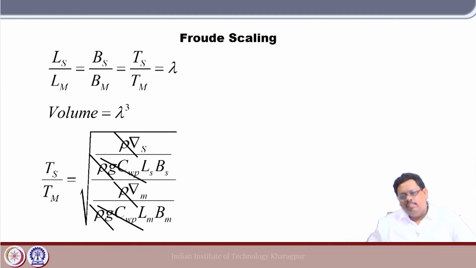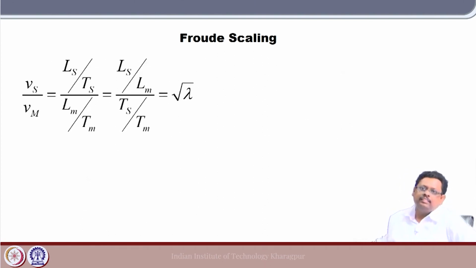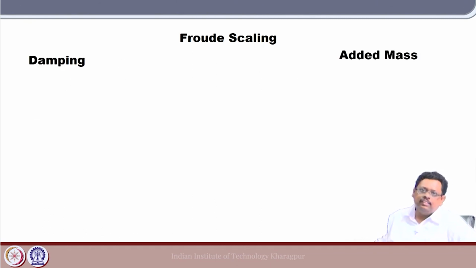So, if all the data is given to you, one can ask what would be the natural time period and the added mass for the ship. In that case you have to use this standard formula and the Froude scaling, and you can solve the problem. Okay. Anyway, let us move on.